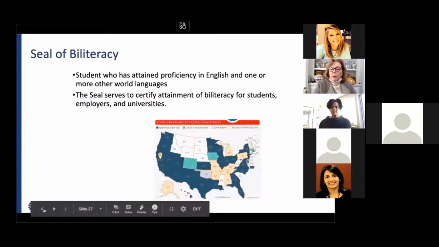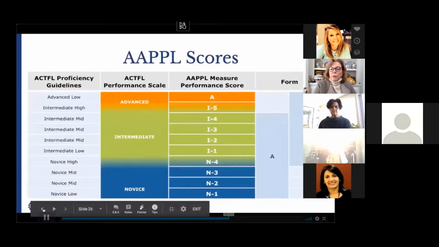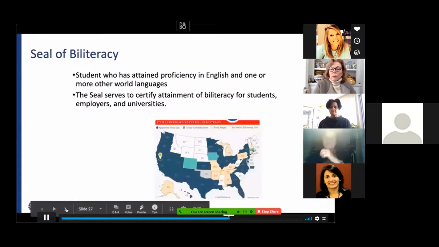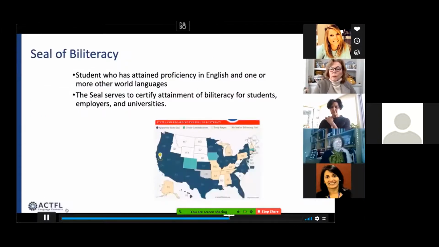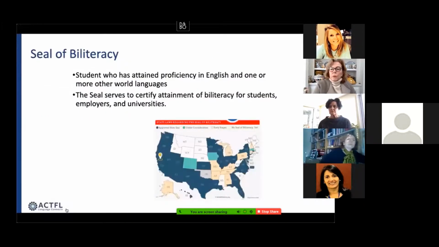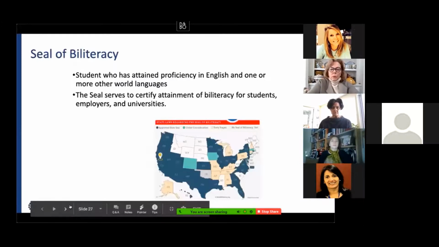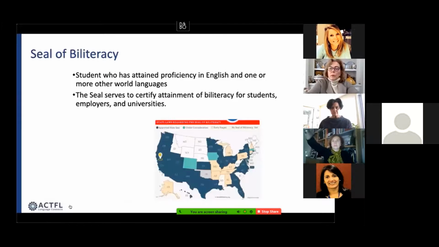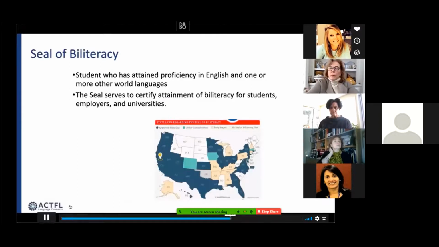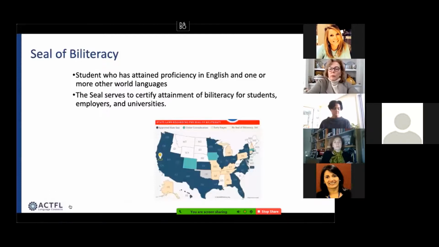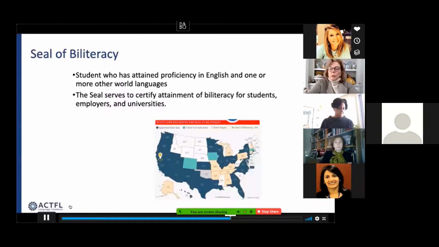I wanted to finish up by saying that the AAPPL scores are now being accepted as part of a program that is nationwide, assigning a seal of biliteracy. This is a credential that appears on students' transcripts to verify that they have attained proficiency in English and 1 or more other world languages.